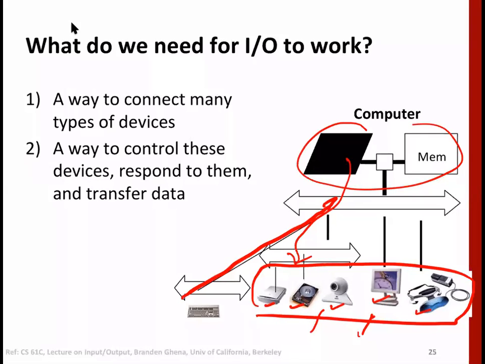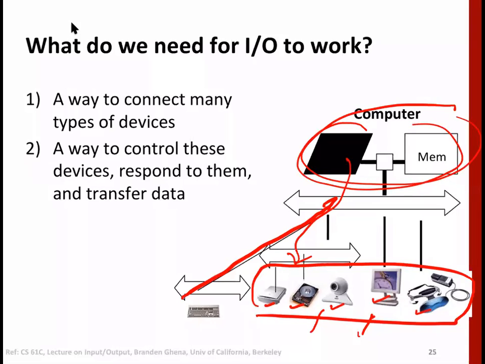So there must be a way for data to be input to the computer or servers, and there should be a way to control these devices. When I'm printing, there should be a way for me to give control commands, like start print, or change the format of the page to be printed.